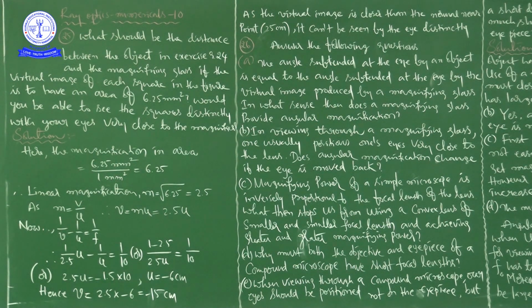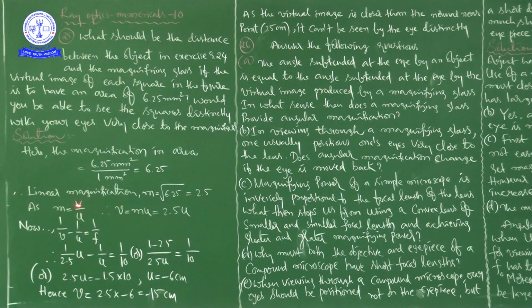Then what about linear magnification? Linear magnification is the square root of 6.25, which gives us 2.5.